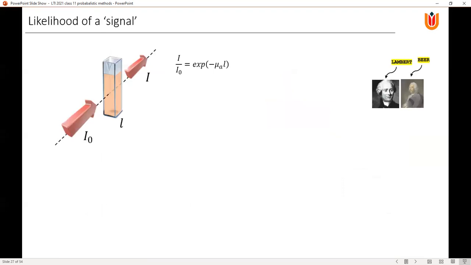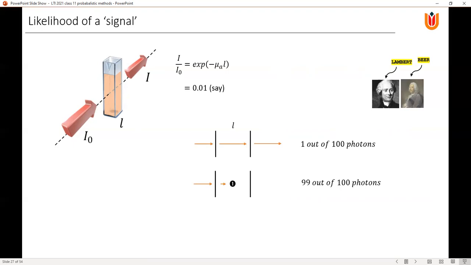These slides were already, I just realized, in the Monte Carlo presentation, but I'm going to go through them anyway, just to think of the likelihood of a signal. So we know that if we look at transmission from a cuvette, we can apply the Lambert-Beer law, which is given by an equation. Let's say that it evaluates to 1 out of 100.